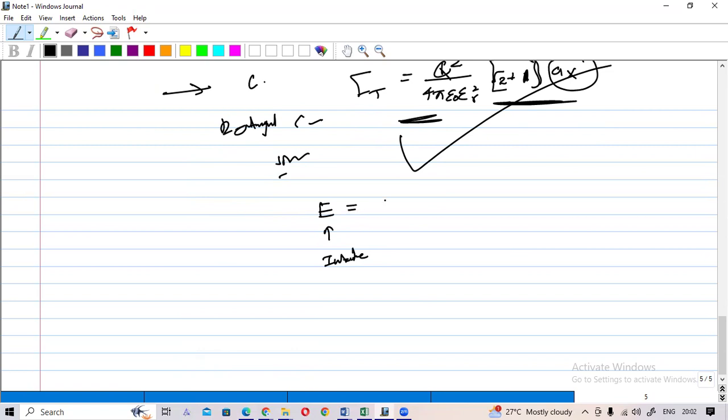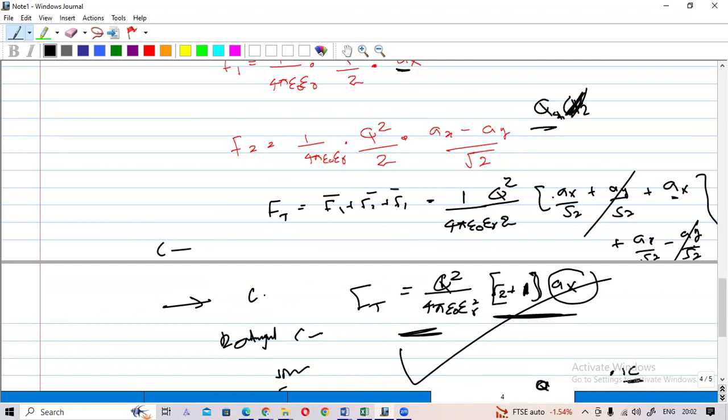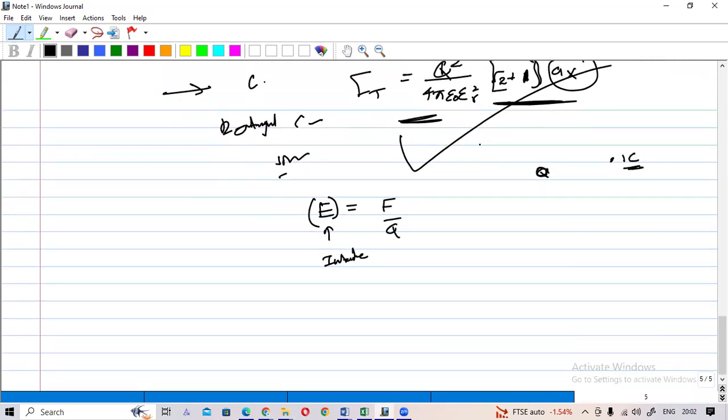So that is defined as F divided by Q. So intensity means the force generated by a charge at a unit charge, at 1 coulomb, is referred to as E. So instead of Q1, Q2, there should be only one Q, because the other one will be a unit charge, 1 coulomb. So this methodology is there also.